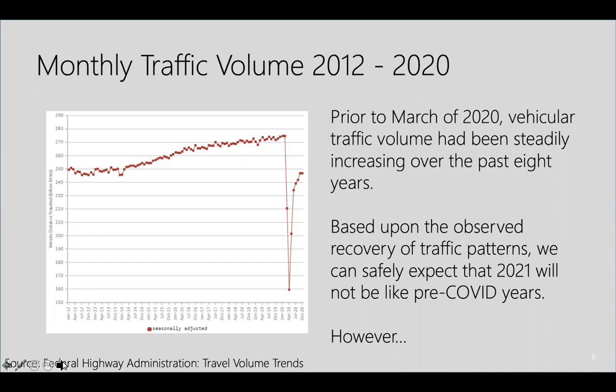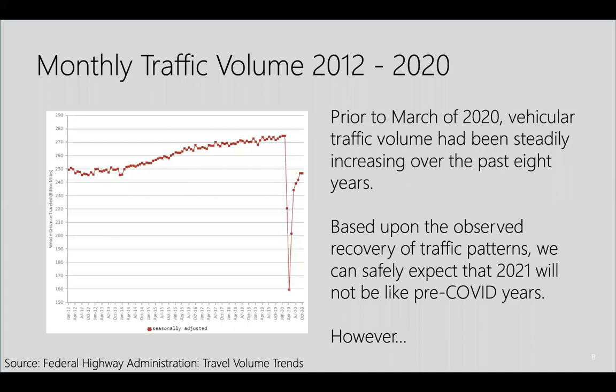You can see on the chart on the left, there's variation, but the overall pattern is upward over the last 8 years. But then as you get to March, obviously you see this big decrease, and the recovery started to happen. So just based on this chart, we can safely say that 2021 will not be like pre-COVID years.